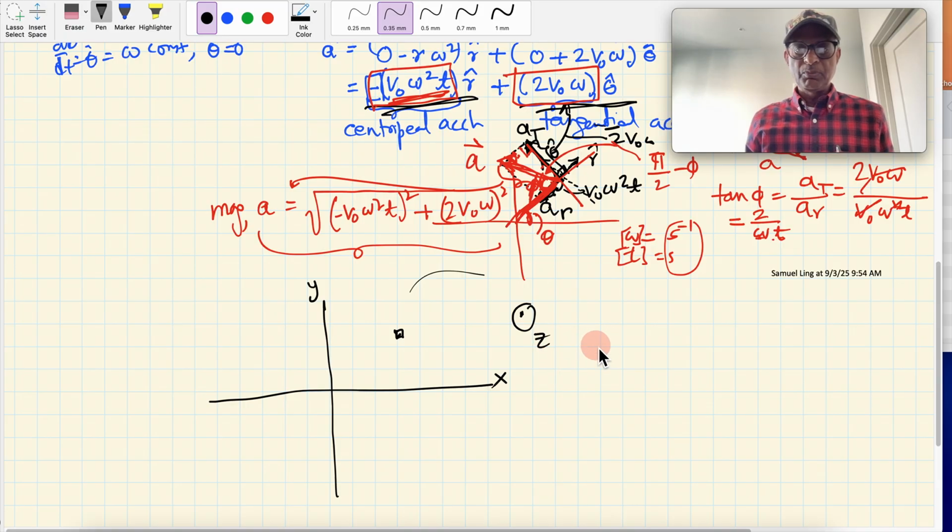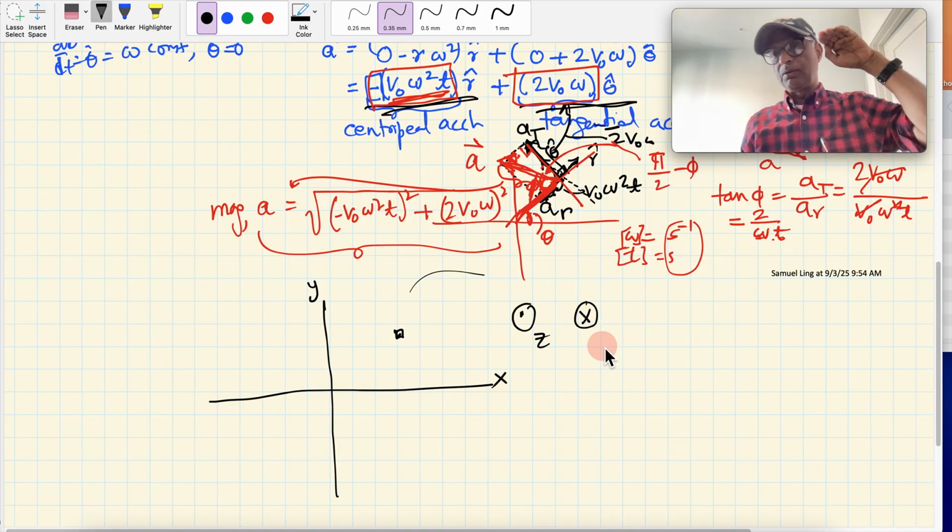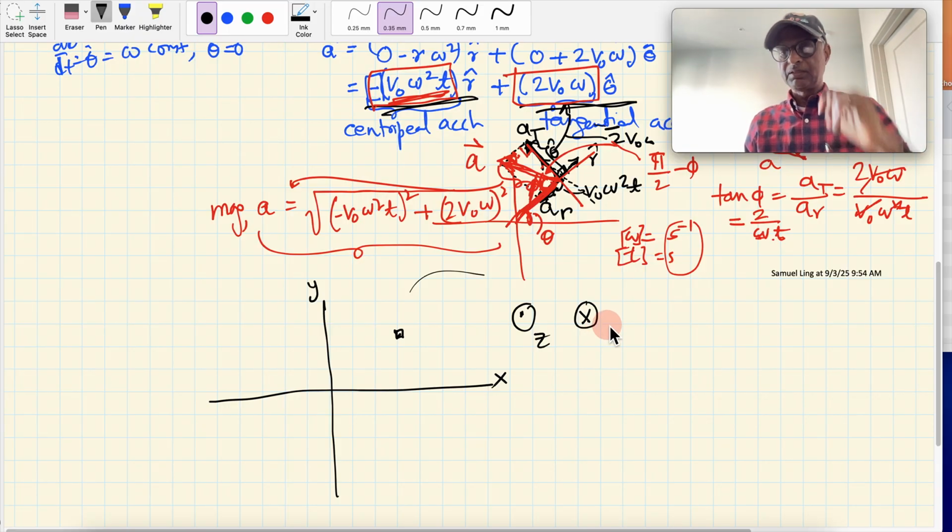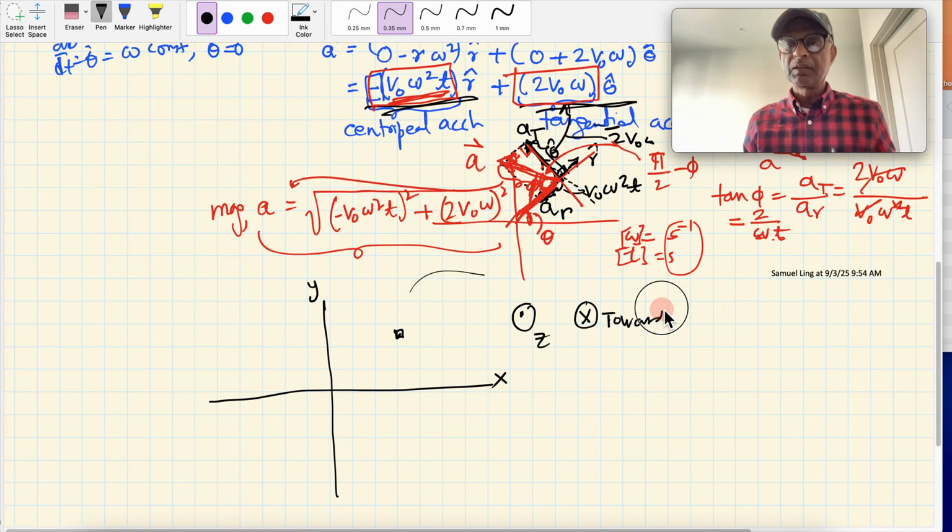Well, this will be going behind. So this is towards the earth. And this is above earth. So this direction will be the weight, and then there will be a normal force in that direction.